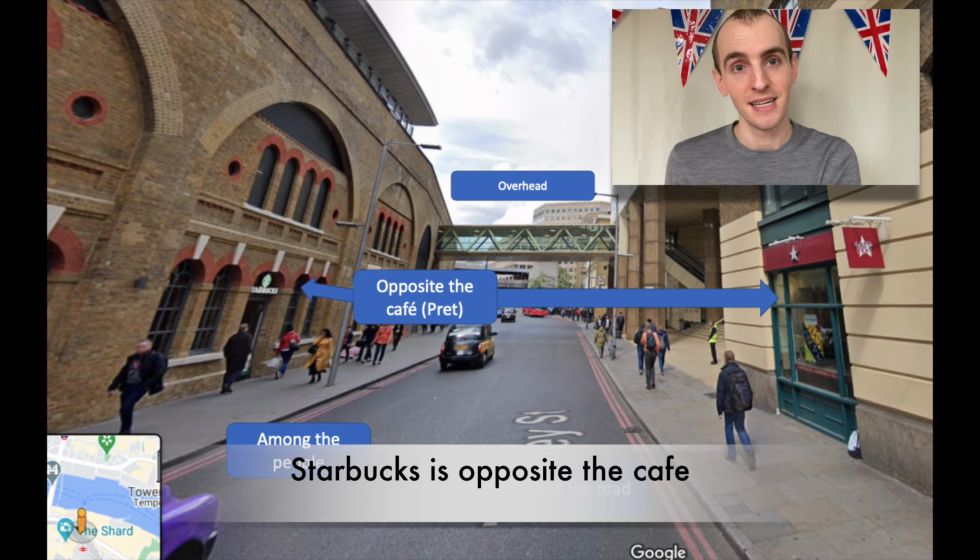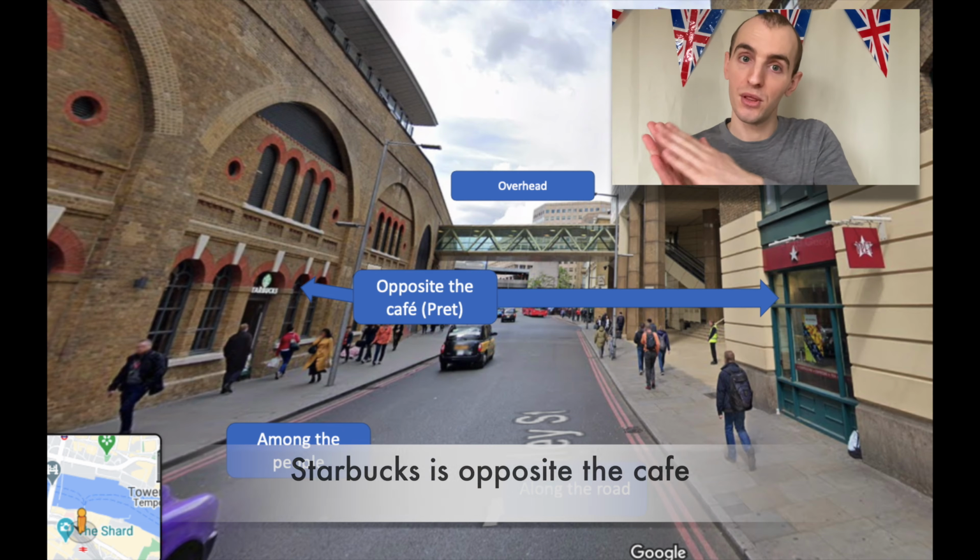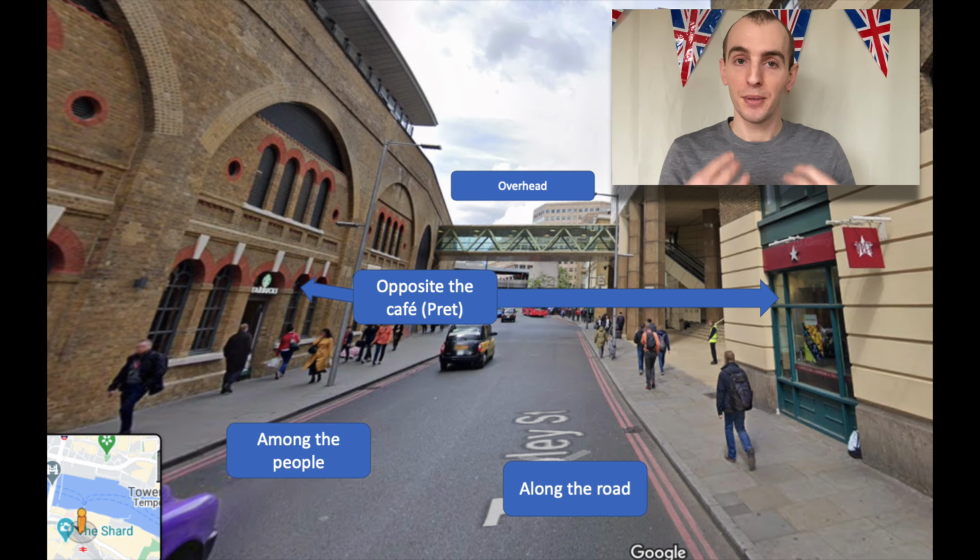Opposite the cafe is Starbucks, another cafe. So Starbucks is opposite Pret. Opposite means on the other side. Like opposite me is my camera, you guys. If you look out your window, what is opposite your house? What can you see across from your house?